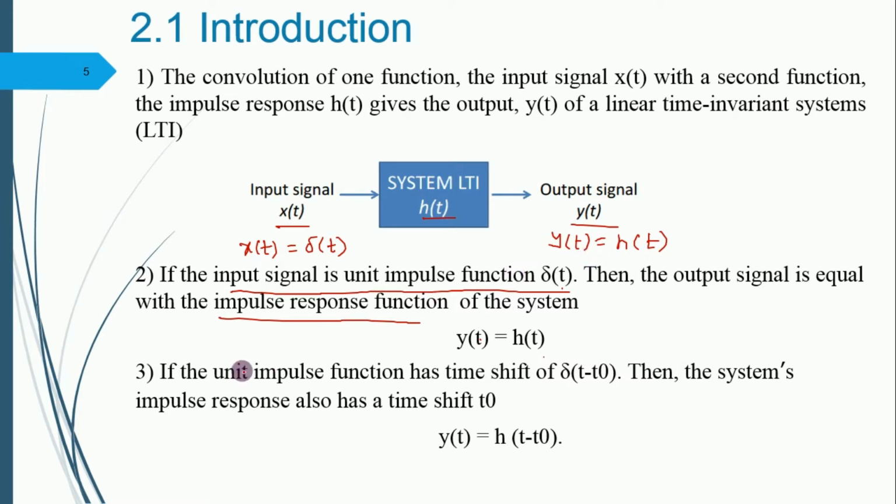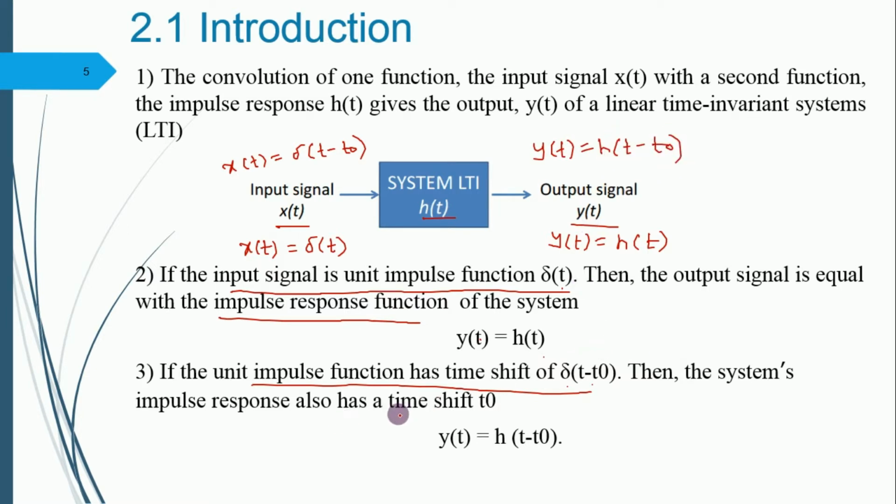That's it. If the unit impulse function has a time shift, like x of t is delta of t minus t naught, and I pass it on to the system h of t, the output that is going to be produced is h of t minus t naught. Why?